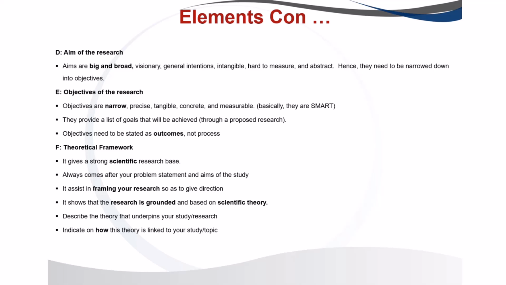Objectives need to be stated as outcomes, not process. Look at this now. If I talk about the aim of the study, let's look at this example of corporal punishment quickly.